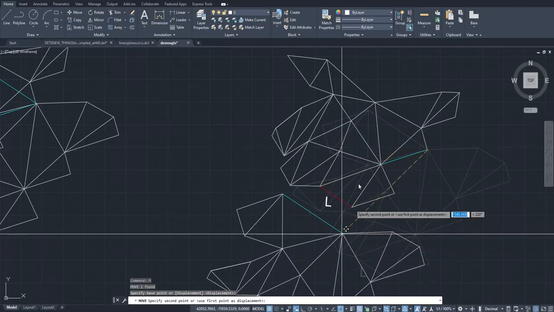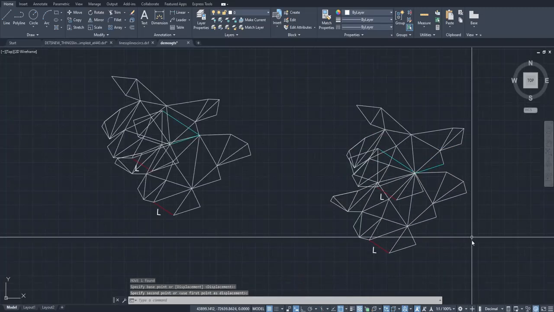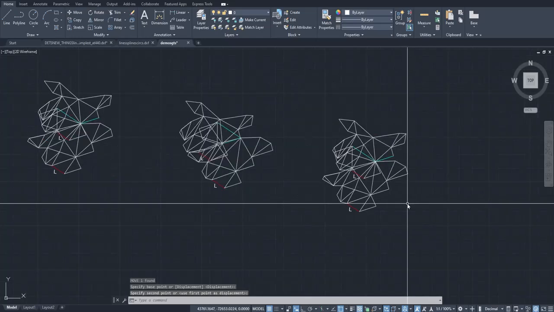Start to start, end to end, and end to start, end to end in this way.